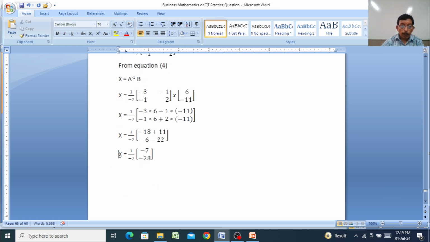Then x is the matrix with minus 7 and minus 28, multiplied by minus 1 upon 7.